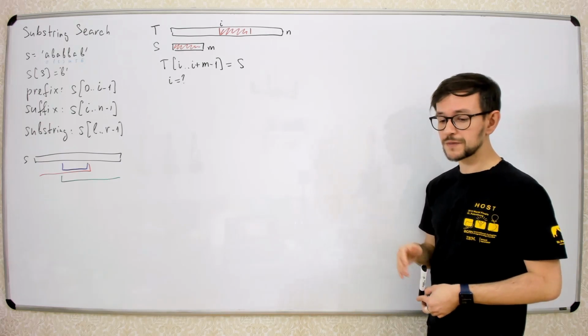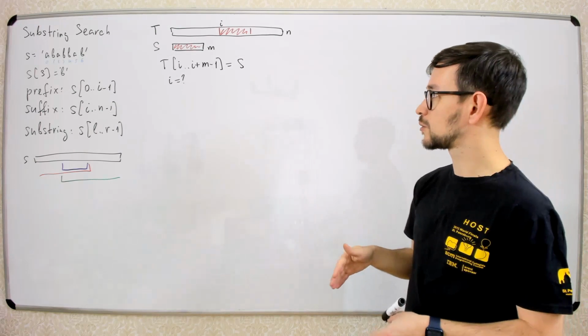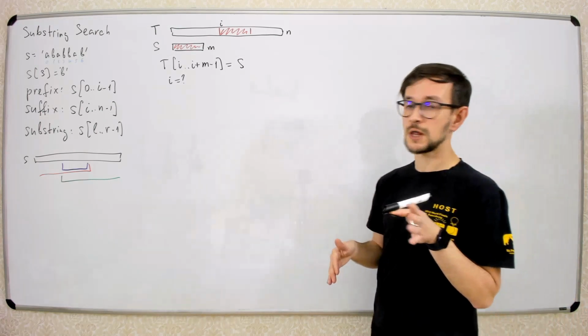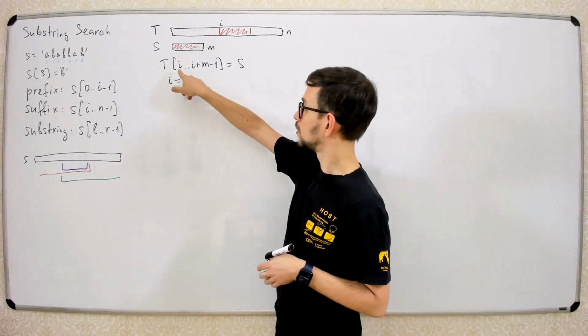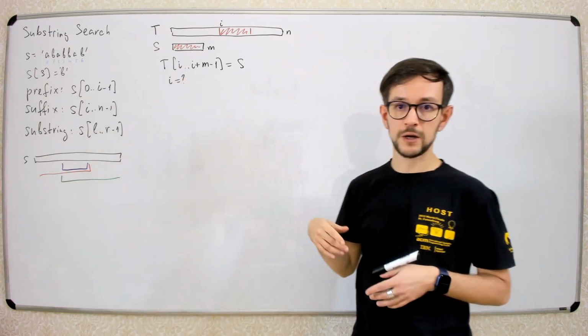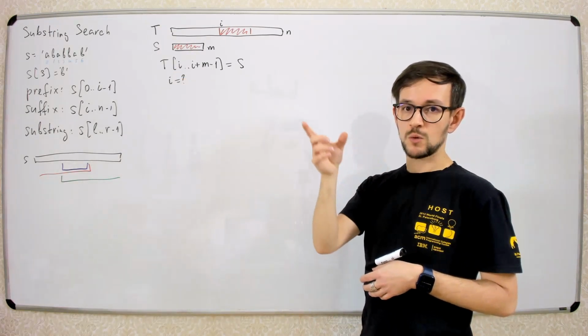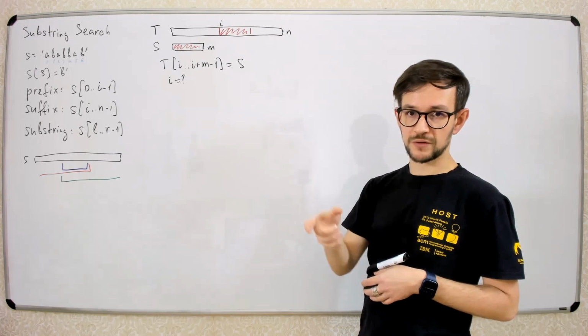So let's start with a very simple algorithm. Let's do it by brute force. Let's iterate over all possible values of I, and for each position we'll take this substring and just compare it with string s.